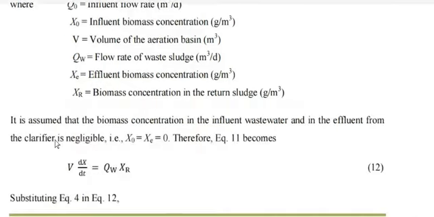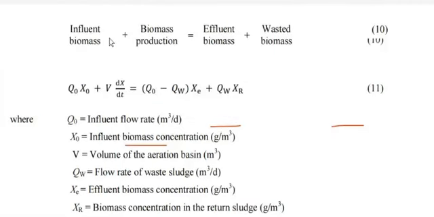After that, it is assumed that the biomass concentration in the influent wastewater and in the effluent from the clarifier is negligible. It means the biomass concentration in the influent, meaning the inlet, and the biomass concentration in the effluent, meaning the outlet, are zero. Negligible means what? Zero. So equation 1 we can write. As we say, X0 and X are 0. In the effluent and the influent, the value of X0 and the value of X are 0. On the basis of that, we see that this term is 0.